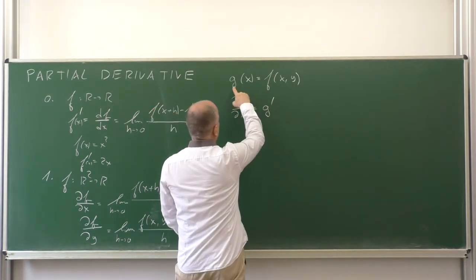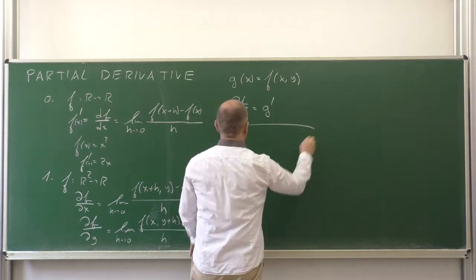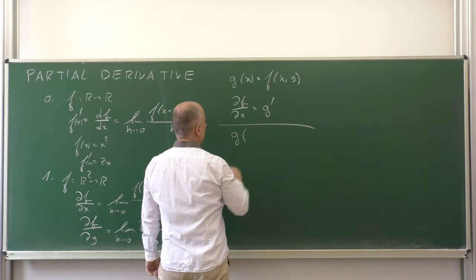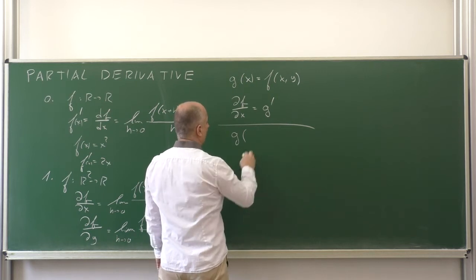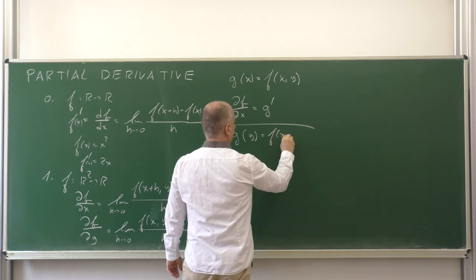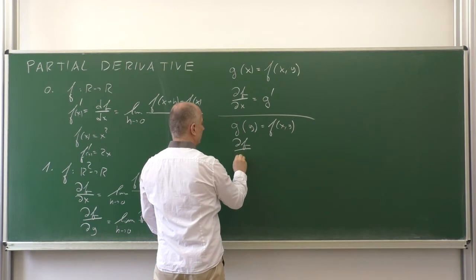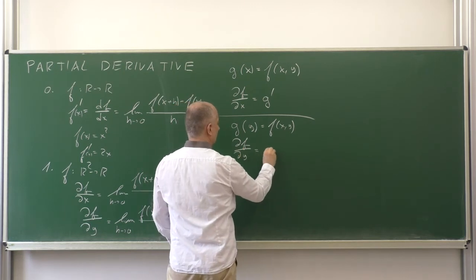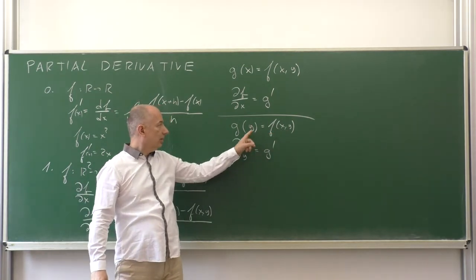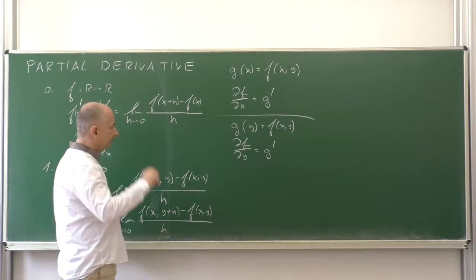That was for df dx, and if we choose g as a function of y to be f(x,y), then we can define the partial derivative as g prime. Now x is a constant and y is the variable that is changed.